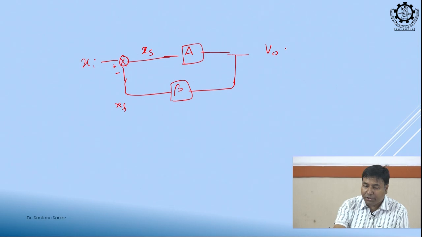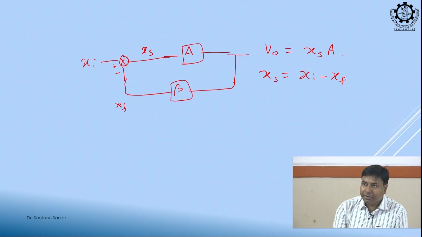So, what is your V0? xs into A. What is your xs? xi is added, plus, and feedback is minus. So, this is xi minus xf. What is xf? This is your V0 into beta.